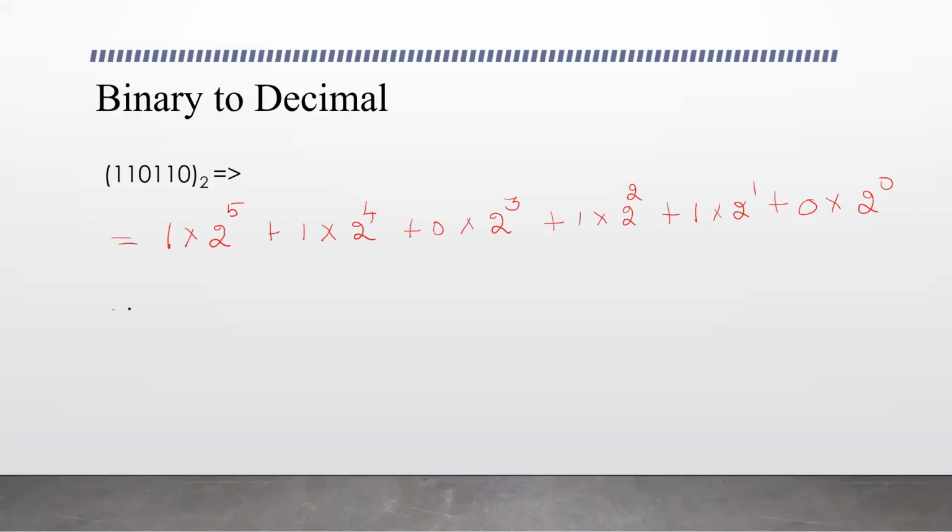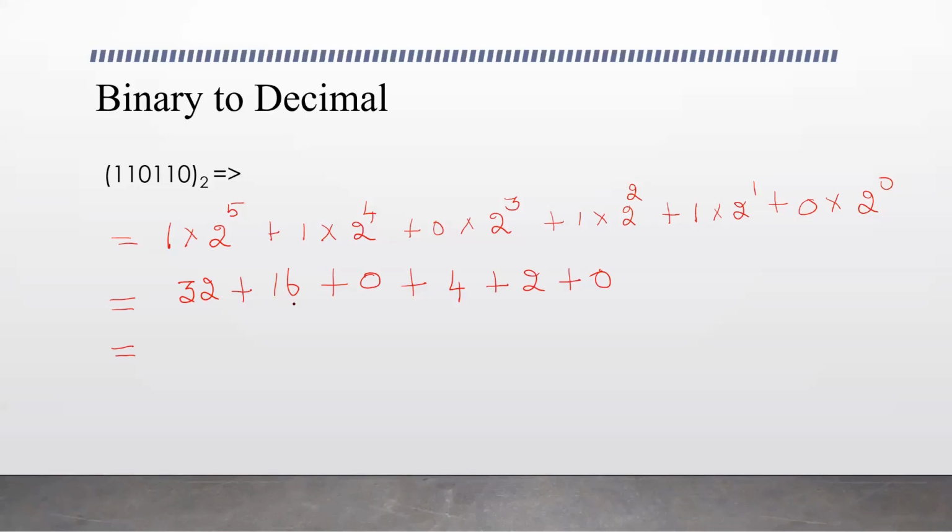Okay, so this becomes 2 power 5 is 32, so 32 plus 2 power 4 is 16 plus 0 into 2 power 3 is 0 plus 1 into 2 power 2, that is 4, plus 1 into 2 power 1 is 2, plus 0 into 2 power 0, that is 0 into 1 is 0.